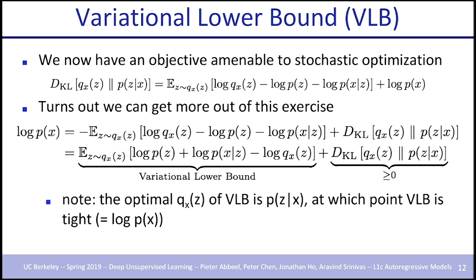But then you actually get more out of this rearranging of algebra. This is just restating what we had from the last slide. If you minimize KL divergence from Q to P, what you get is an expectation over terms that you can efficiently compute and sample, plus the marginal likelihood of X.